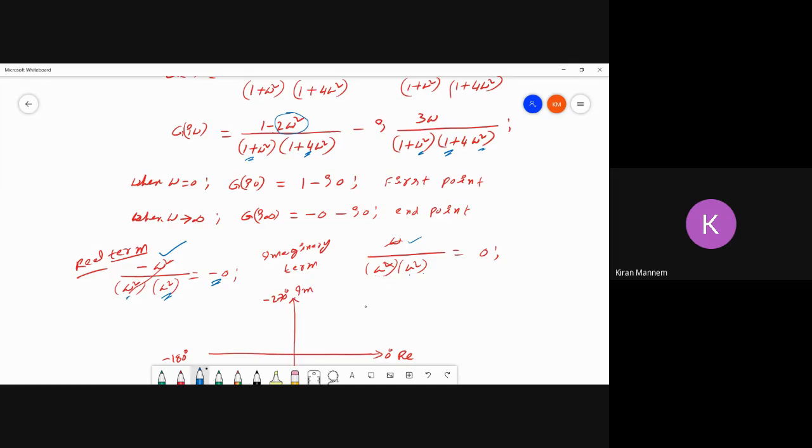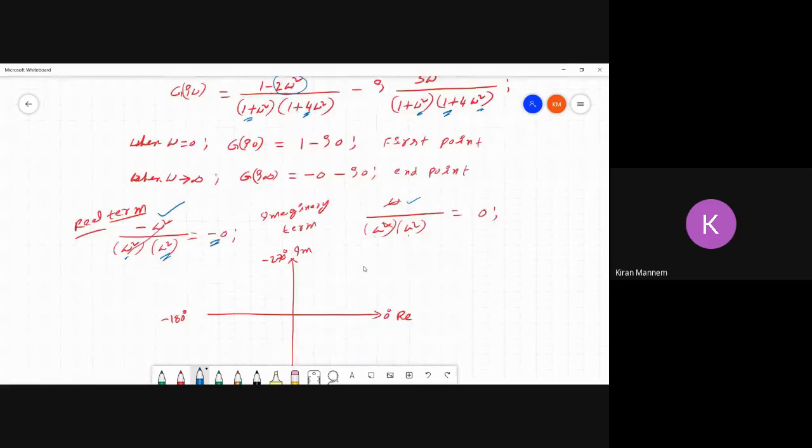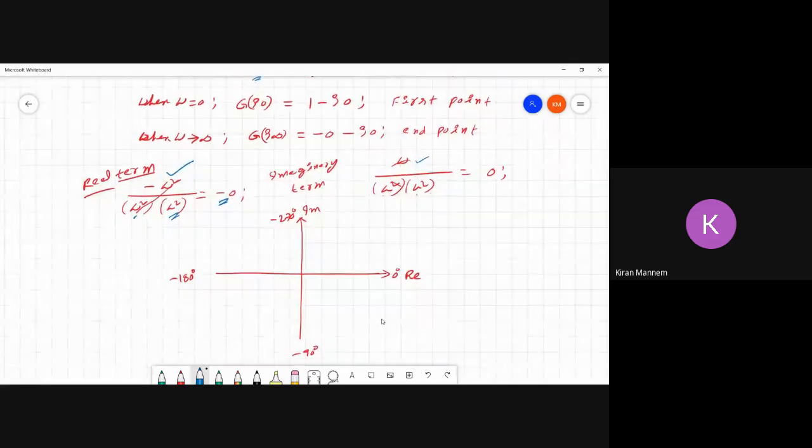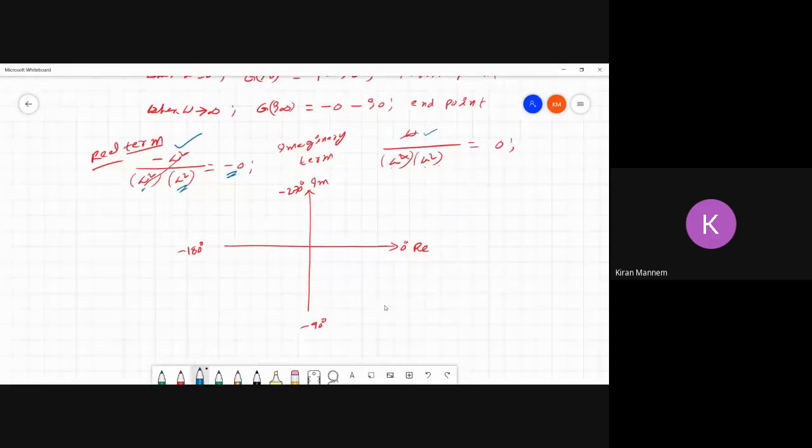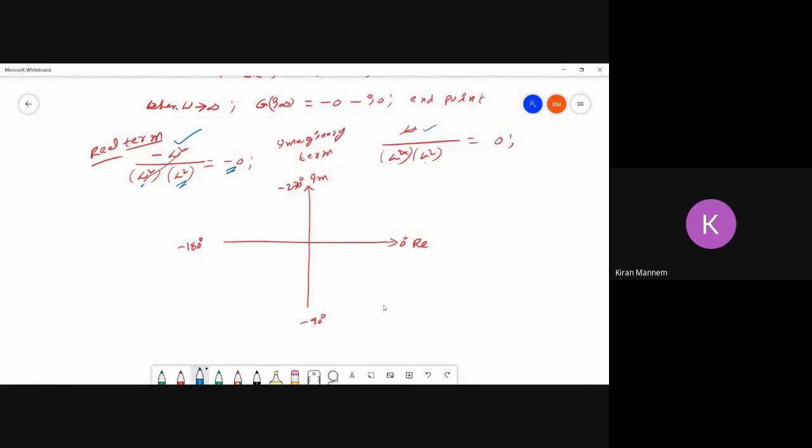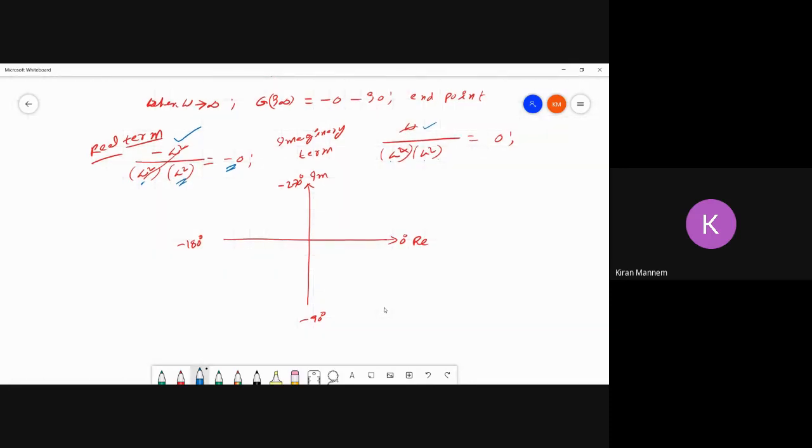So this is how you have to find the points. Anyway, most of the students make mistakes in finding the infinity value, that is the end point. So let us talk about the first point and the last point.